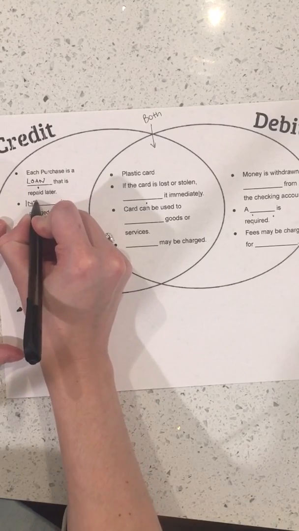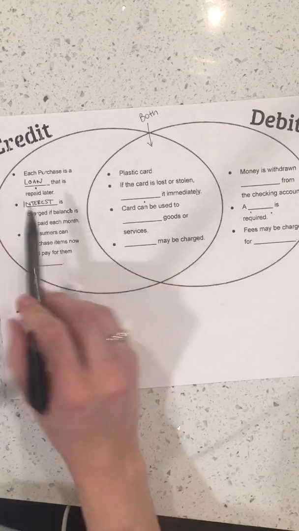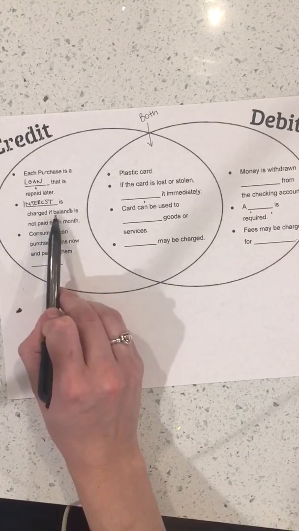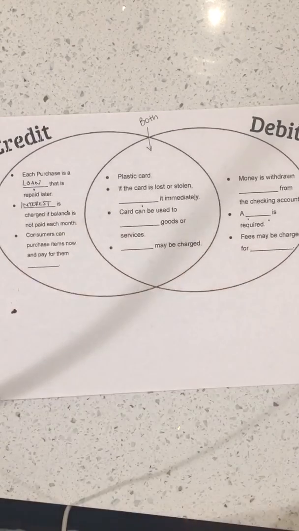Interest is charged if a balance is not paid each month. So at the end of each month, you're going to get a bill saying, hey, you borrowed this amount, and if you don't pay it back that month, they're going to charge you a fee for it, and that fee is called interest, okay?